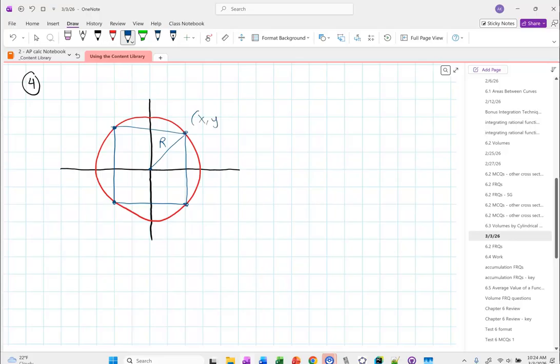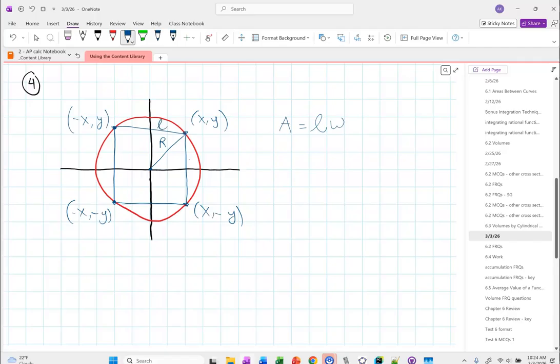So this is the point x, y. This would be x, negative y. This would be negative x, negative y. And this would be negative x, positive y. So far, so good. So that's my setup. I know the area for my rectangle is basically length times width.